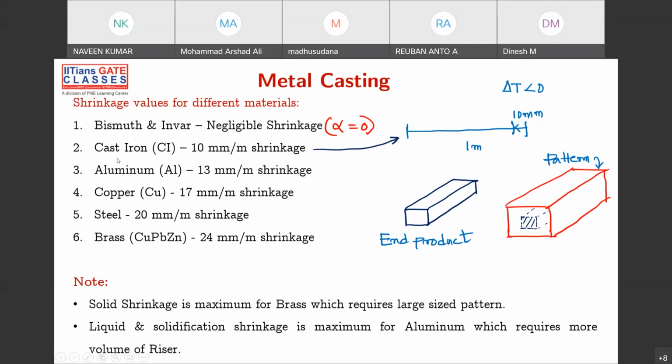So if you see who has more alpha, obviously alpha will be much more in the brass case, because if you cool it, it comes down by 24 mm, and if you heat it, it increases its dimension by 24 mm. So solid shrinkage is maximum for brass, which requires a large size pattern.